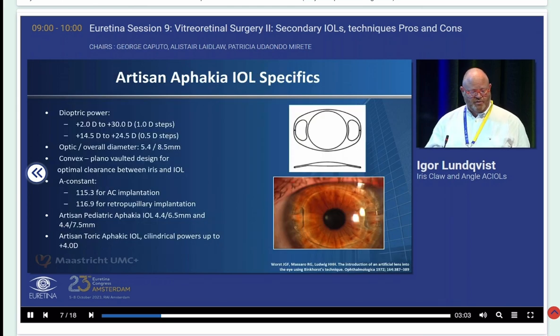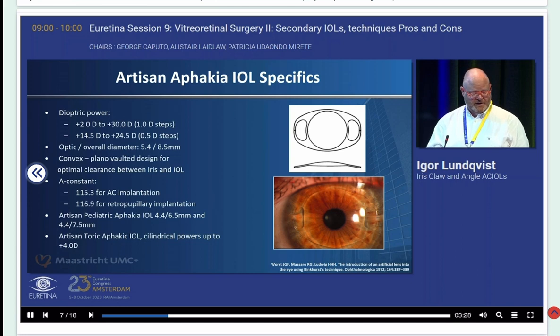It is available in diopter ranges of 2 to 30 in steps of 1 diopter, and between 14.5 and 24.5 it's also available in steps of half a diopter. The diameter of the optic is 5.4 millimeters, so that's also the minimum incision size you're going to have to use.